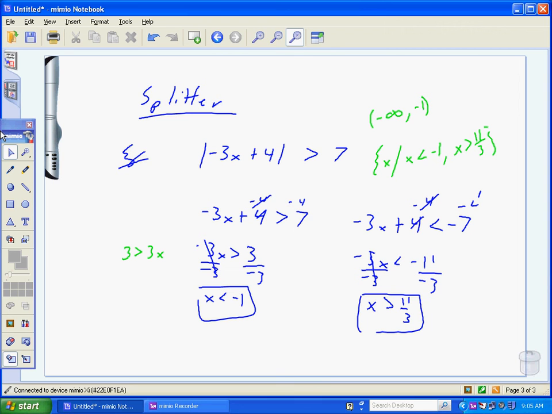Oh, yeah, it's not equal to, so it's a round bracket. And that's union with 11/3 all the way to where? Positive infinity. And again, round bracket. So we can do it those two ways, right? And again, it doesn't matter to me. Should be comfortable both ways. Okay?